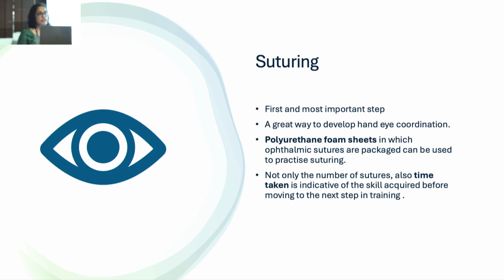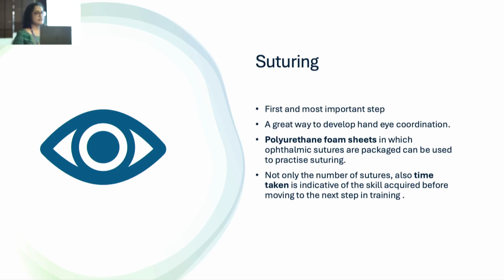And suturing, as I told you before, is done with 10-0 nylon. Suturing is the first and foremost skill every ophthalmic surgeon should have: how to hold the needle holder, how to hold the forceps, how to pass the suture, how to tie the suture, and how fast you can do it under the microscope.